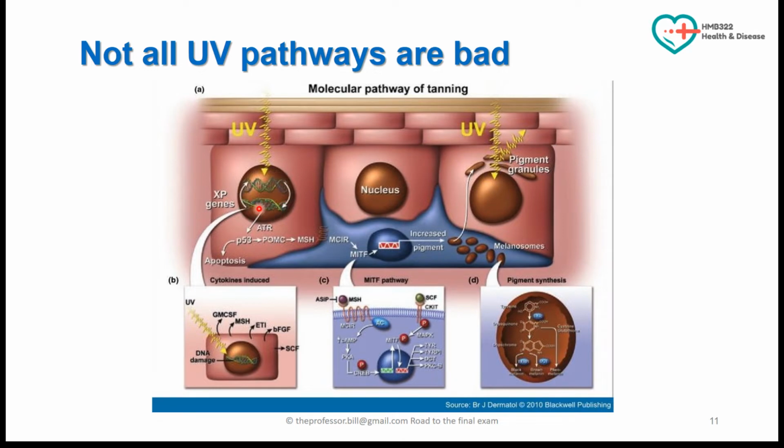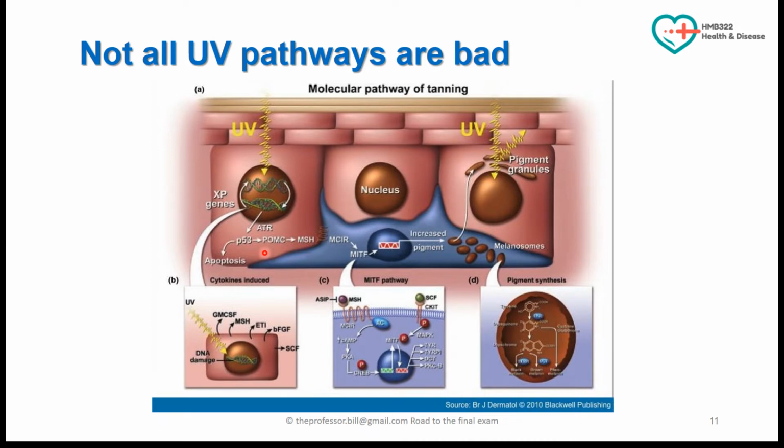As a result of these different photo byproducts accumulating within this basal keratinocyte over here on the left, one of the things that will happen is the p53 repair pathway, which is what you are seeing here, is going to be upregulated. It is a repair pathway that normally detects any damage to your DNA.